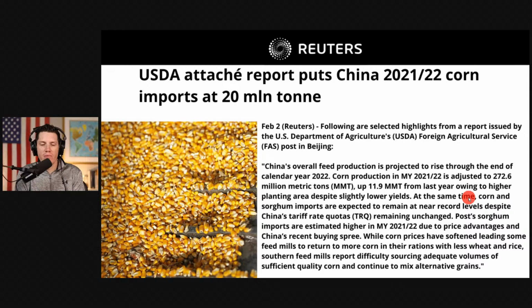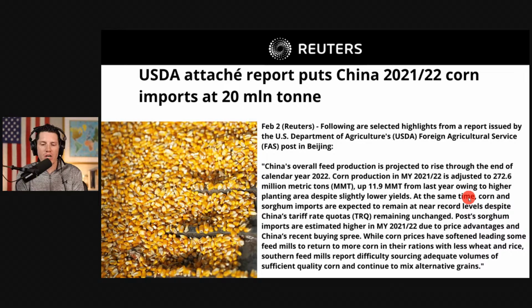This office, which is USDA's office in China, reduced their estimate for Chinese corn imports to 20 million metric tons. USDA's official estimate is 26. 20 million metric tons is 787 million bushels. 26 million is about a billion. So you're talking a difference of a couple hundred million bushels here between the two estimates.